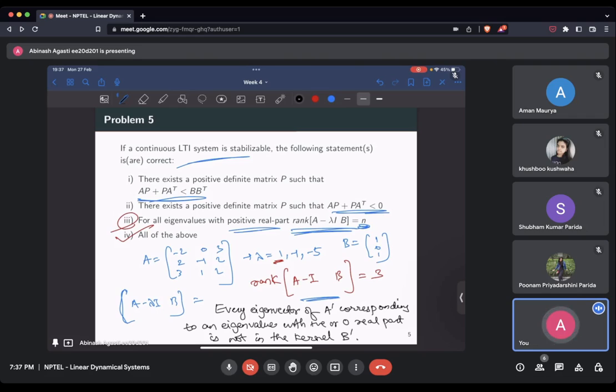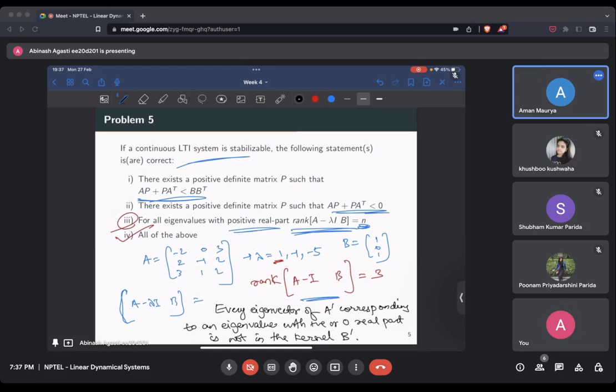Just give me a minute. Rank is 3, right? Yes, so the stabilizability thing holds. Just a minute.